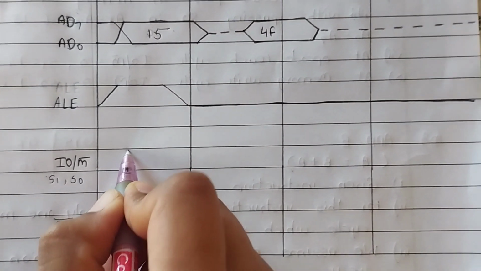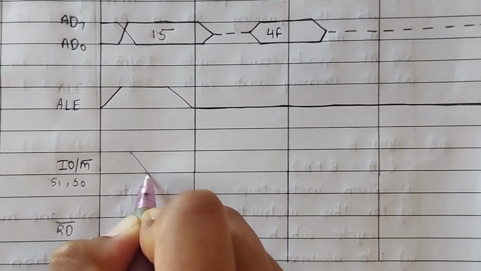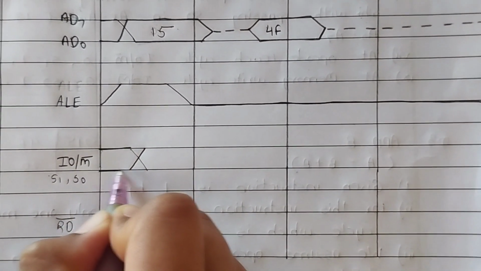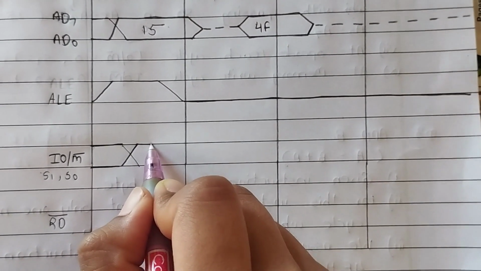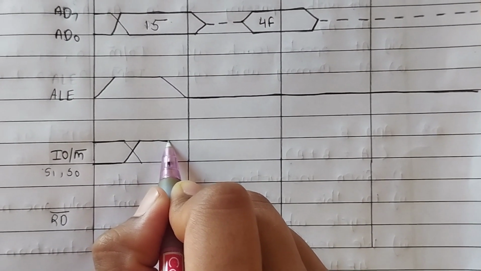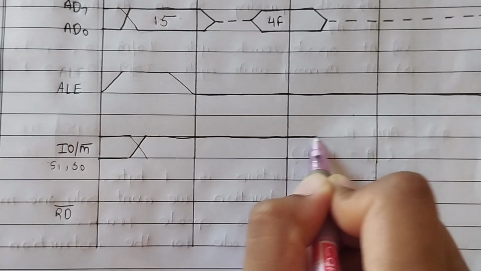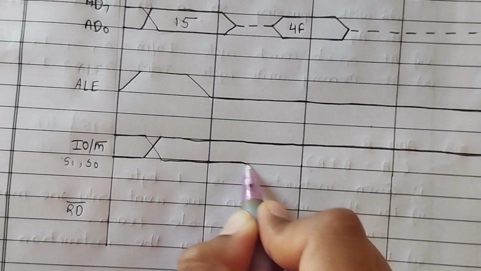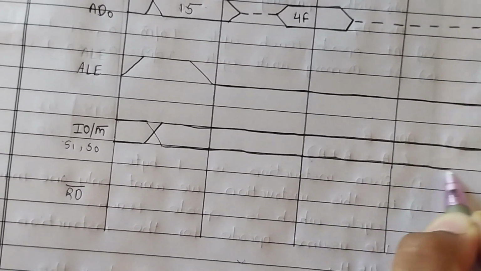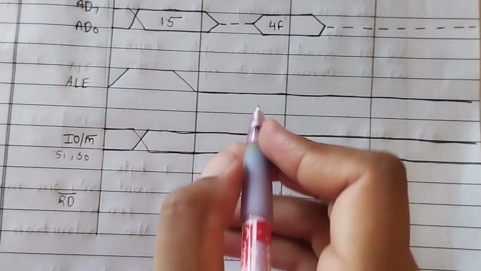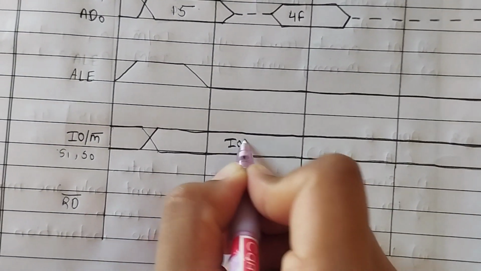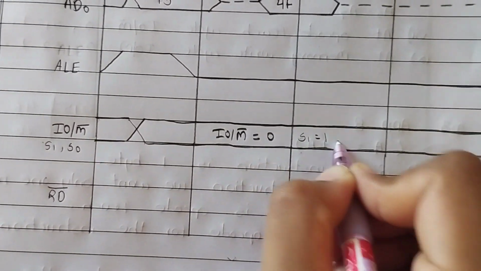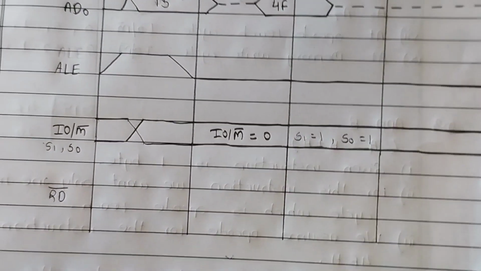For that, first draw a small column in the T1 state, then continue the square for the whole 3 T states, and mention our IO/M bar is equal to 0, S1 is equal to 1, and S0 is equal to 1 for our opcode fetch.